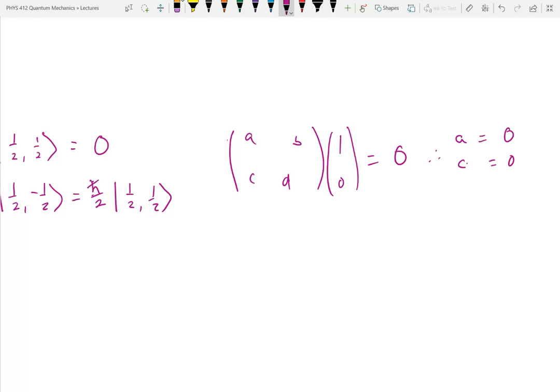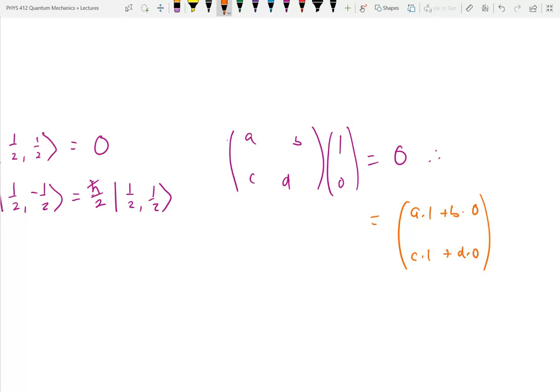Right, because if I multiply it through, I'm actually going to multiply it through. I know you guys can do this. This is equal to A times 1 plus B times 0, and then C times 1 plus D times 0.